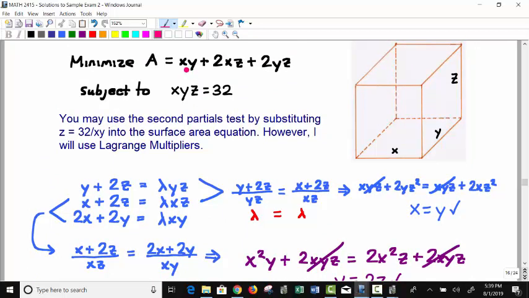So the partial with respect to x will be y plus 2z, and the partial of xyz with respect to x will be yz, so the lambda goes right there. The next one, the partial of xy with respect to y, 2z, so x plus 2z, equals lambda xz. And 2x plus 2y will be this partial right here, lambda xy. There we go.